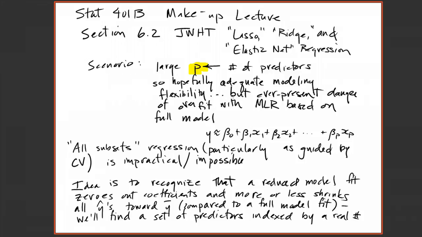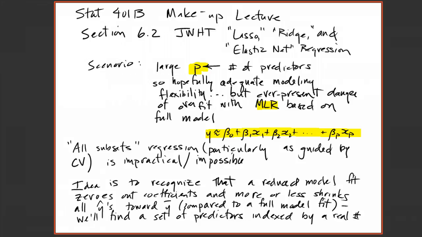One doesn't have a lot of data, and that puts one in the position of being in danger, in fact almost certainly facing overfitting if one makes use of ordinary least squares, that is standard multiple linear regression based on a standard form that says y is beta naught plus beta 1 x1 up through beta p xp.